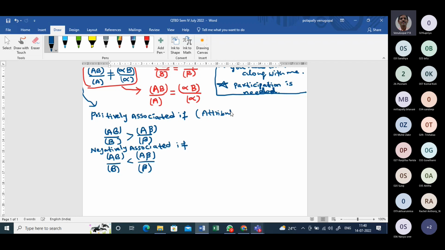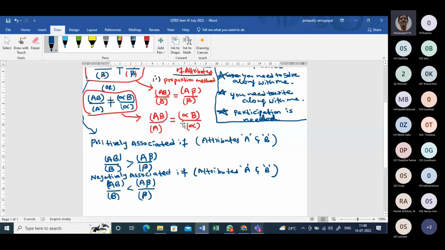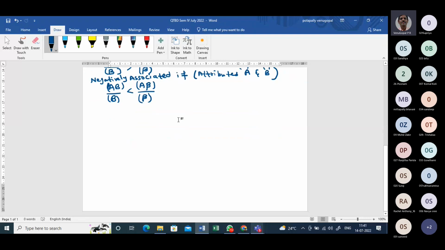Attributes A and B are positively associated here, and attributes A and B are negatively associated if you are writing this. Is it clear? Yes, sir. The same thing, if you write equals to, it becomes independence of attributes. Is it okay, children? Criteria 1.